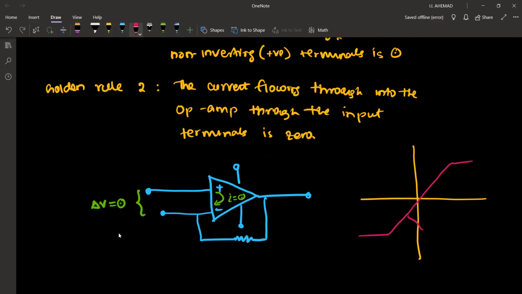Now we know this is the linear region. Only here can it act as an amplifier, and this is saturation. This is V0 and this is Vi.